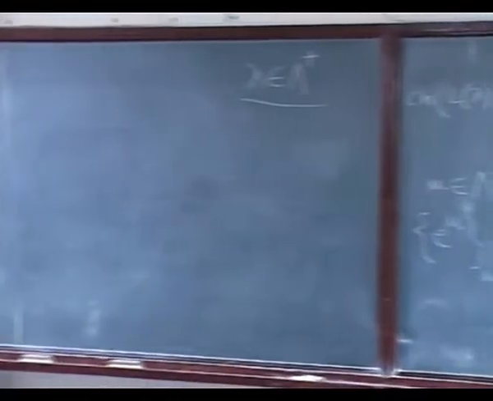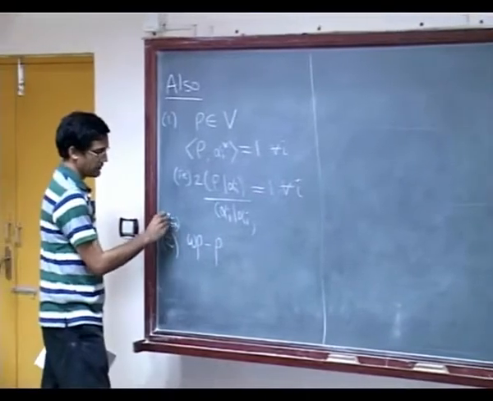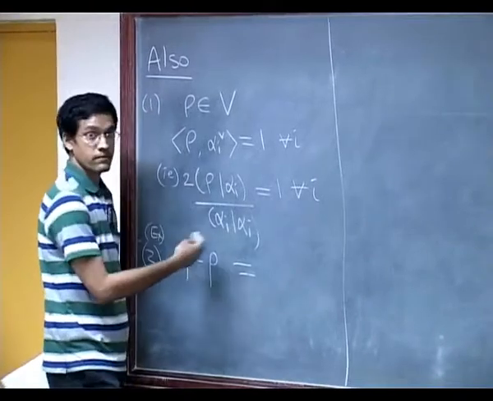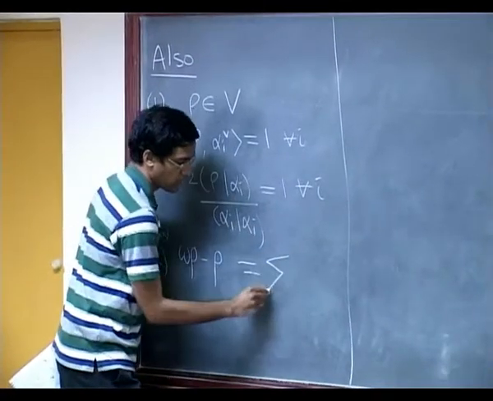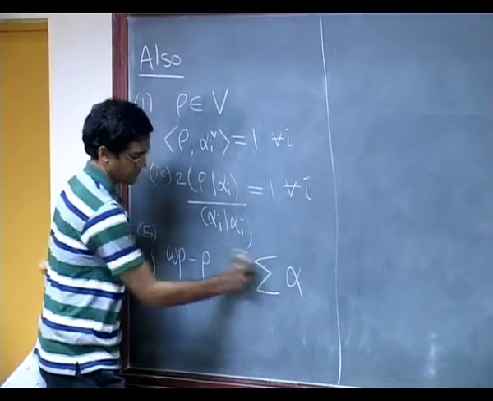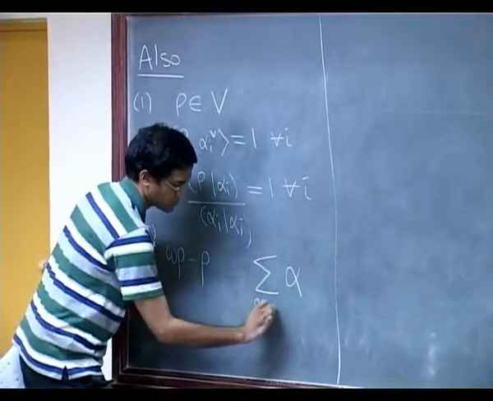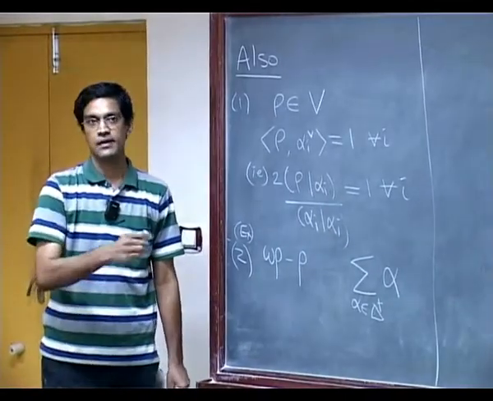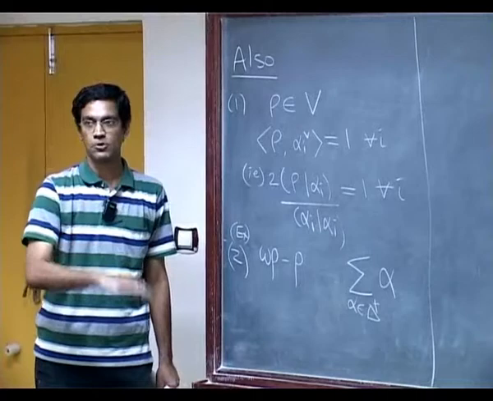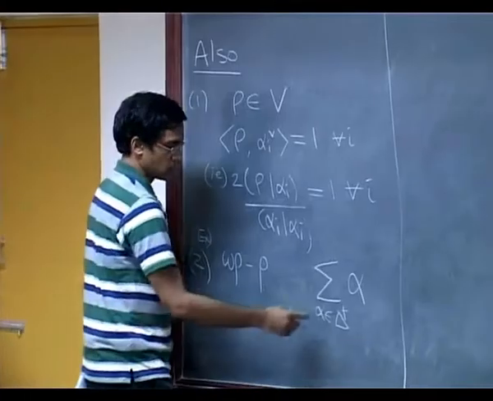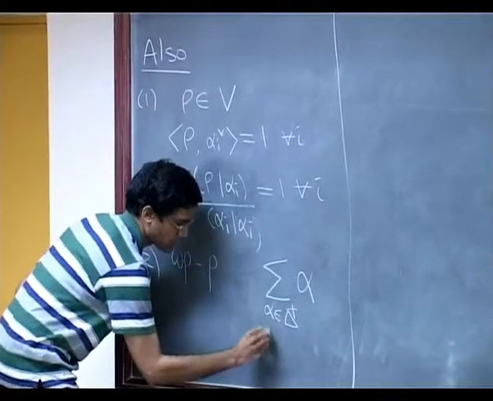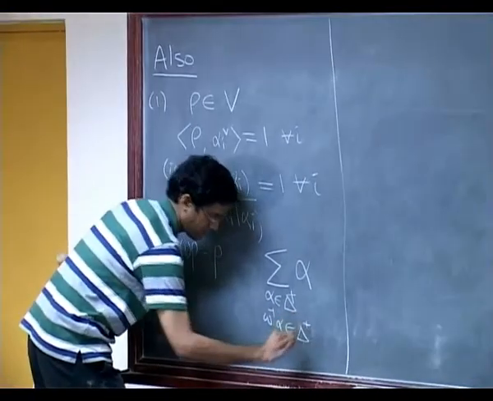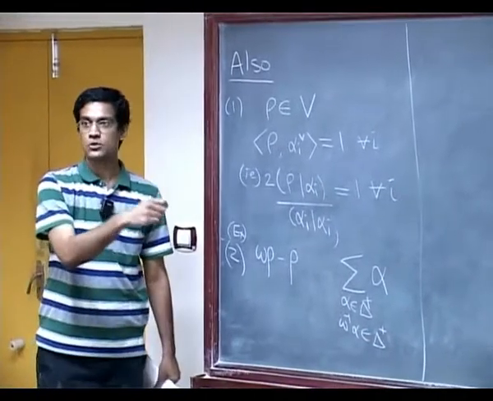Here's the exercise in the tutorial sheet. It says W rho minus rho is actually the following. We have seen another exercise which says, if you look at the set of all positive roots alpha, then we had a characterization of the length of an element. The length is the number of positive roots which are mapped to negative roots by that Weyl group element. So you take all positive roots which are mapped to negative roots by W inverse, and you sum all those elements up.